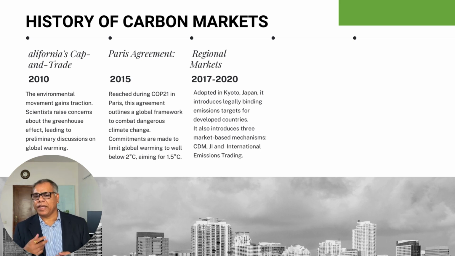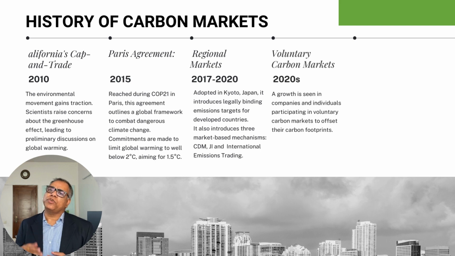In 2020, we also came up with some voluntary carbon mechanisms, and a lot of new markets have come up. So the Verra registry is there where voluntary carbon credits are being traded, and you can register your projects, for those who have voluntary carbon offsetting requirements.